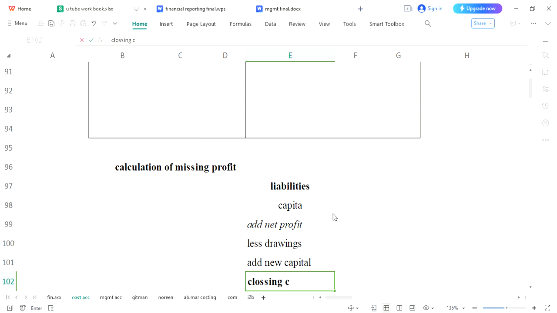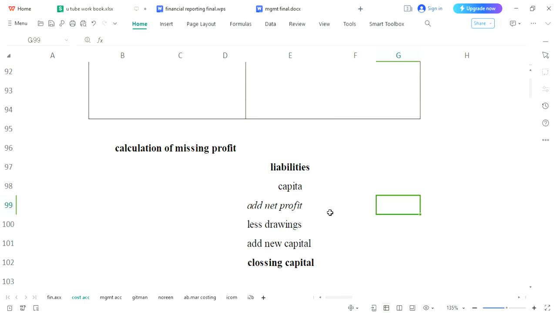So this is the way we write it in the balance sheet. Now the problem is we do not have our net profit in the question, but everything else is present.